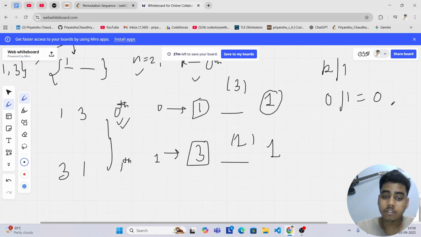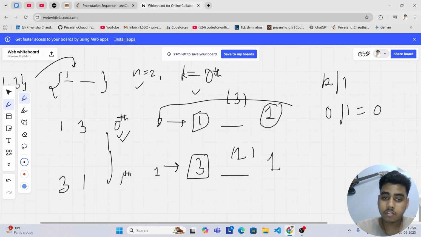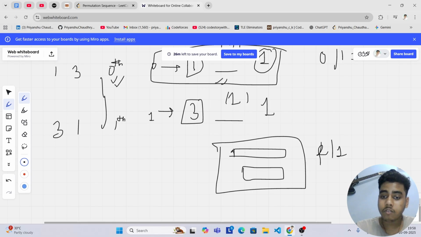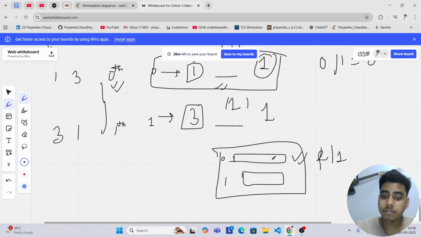Now, there are basically two blocks, and after dividing k by the block size, which was 1, I know that it is lying in the 0th block. But how will I know the position inside the block?